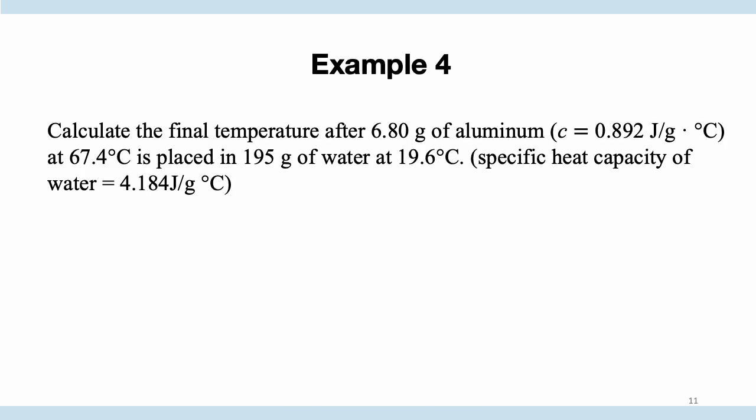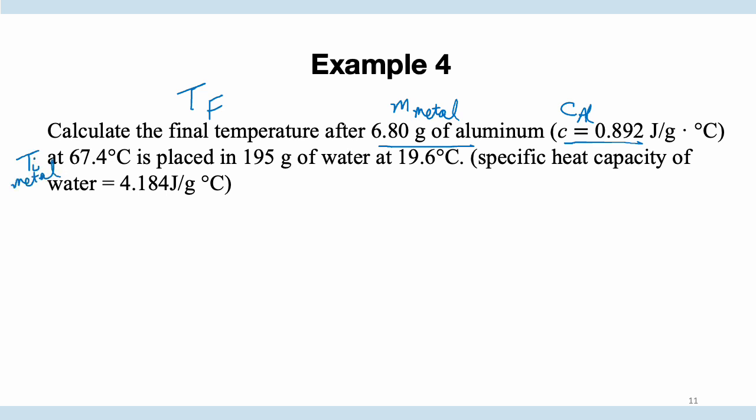Question could also look like this. Okay, calculate the final temperature. So I need to find what is TF. After 6.8 grams of aluminum, this is metal, C of metal is given to you, C of aluminum is given, at 67.4 degrees Celsius. So metal is at 67, which means this is initial of metal.